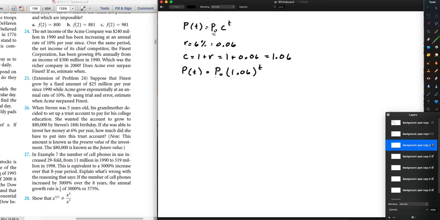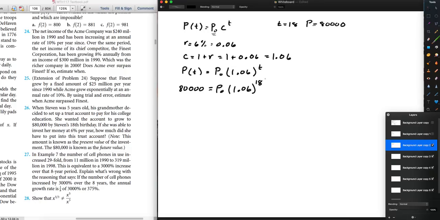Now I want to find P0, but I have information. I know from the problem that when t is 18, P has to be 80,000. So on this side, I put the 80,000, P0 is what I'm looking for, times 1.06 to the 18.